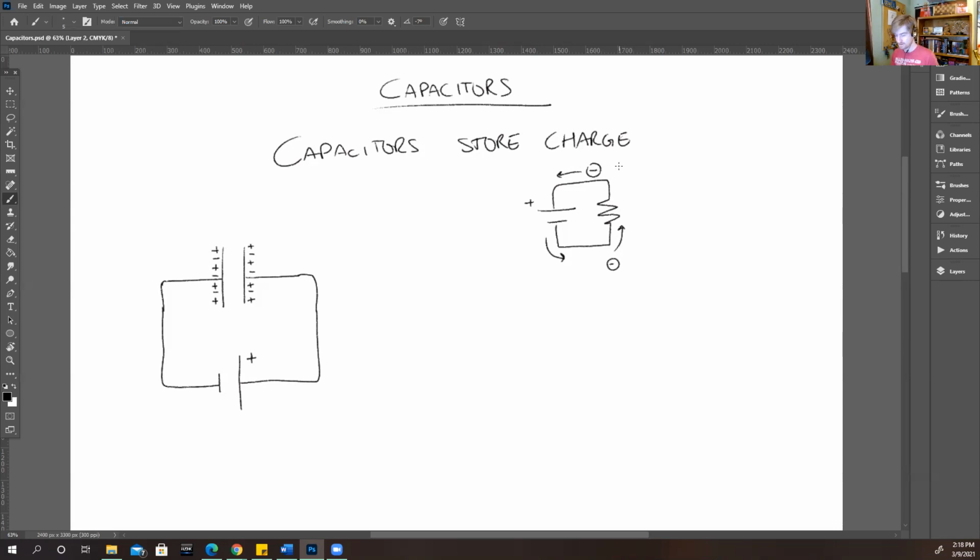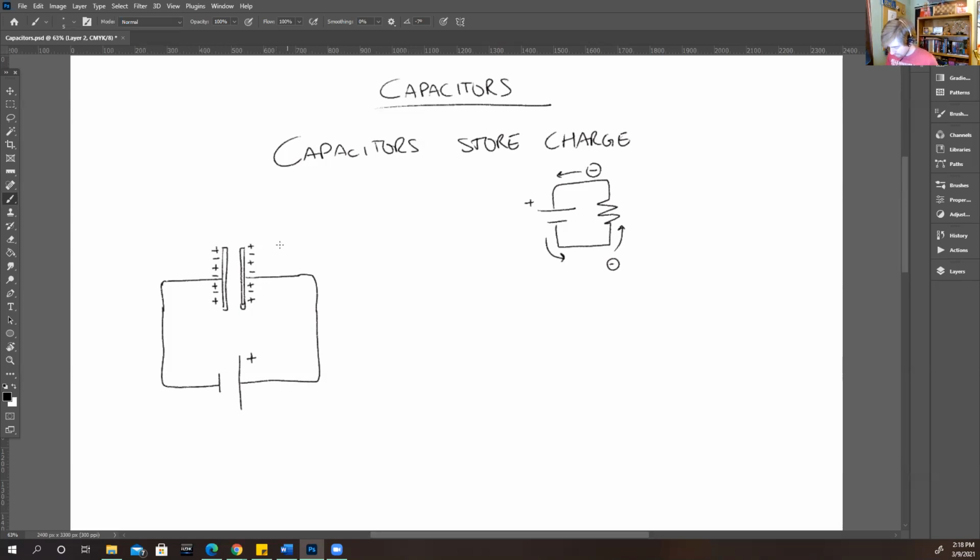not the protons. If we look at the material of this capacitor, these pieces of metal, I'll make them little thin pieces of metal like this. These little thin pieces of metal have protons and electrons. Those are the things that are charged. The protons can't move. It's only the electrons that are moving.